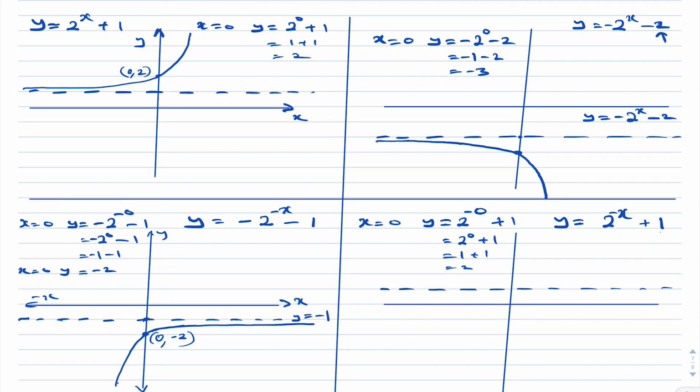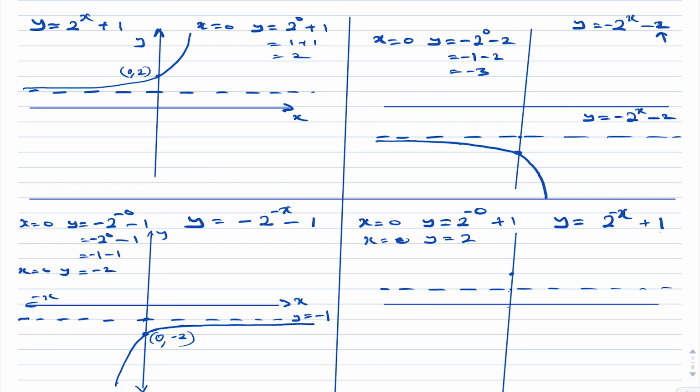So when x equals 0, y equals 2. So that's 0 here. That's 2 there. And the line it approaches.